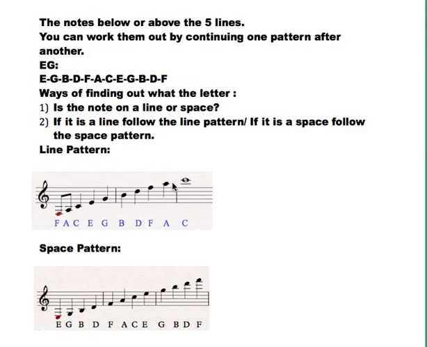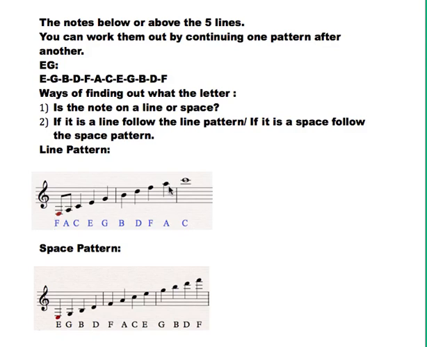So the pattern that we use for this one would be Every Good Boy Deserves Fruit, and then we continue on with F-A. The spaces pattern starts with F-A-C-E, but we stop on A because that's the second letter of that pattern. So then we can know that that letter would be A.